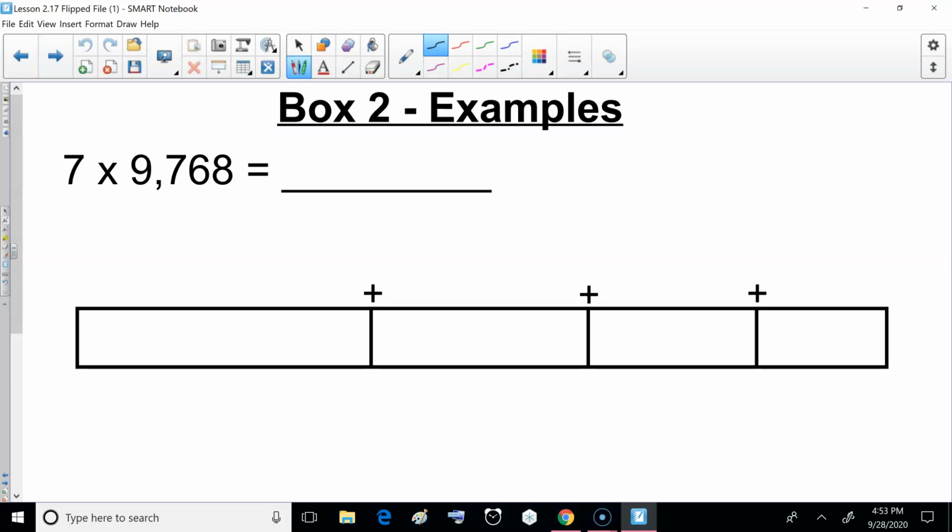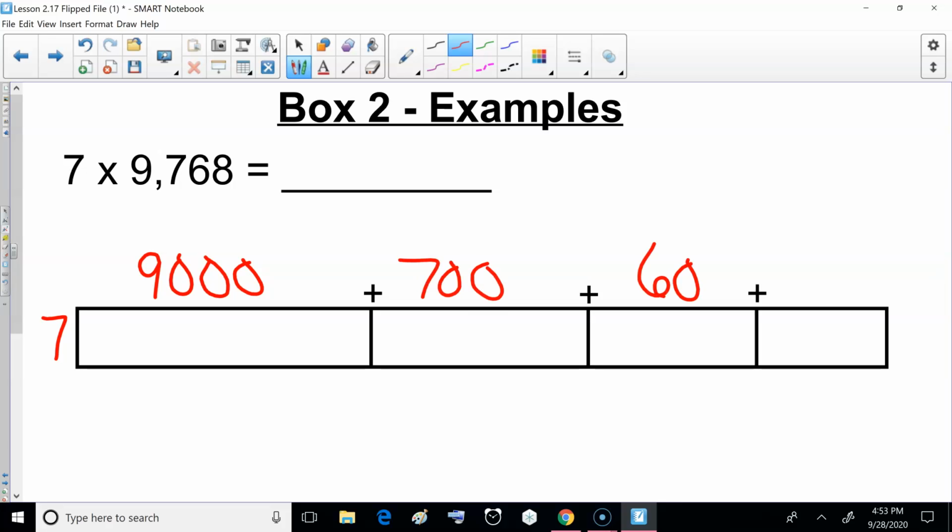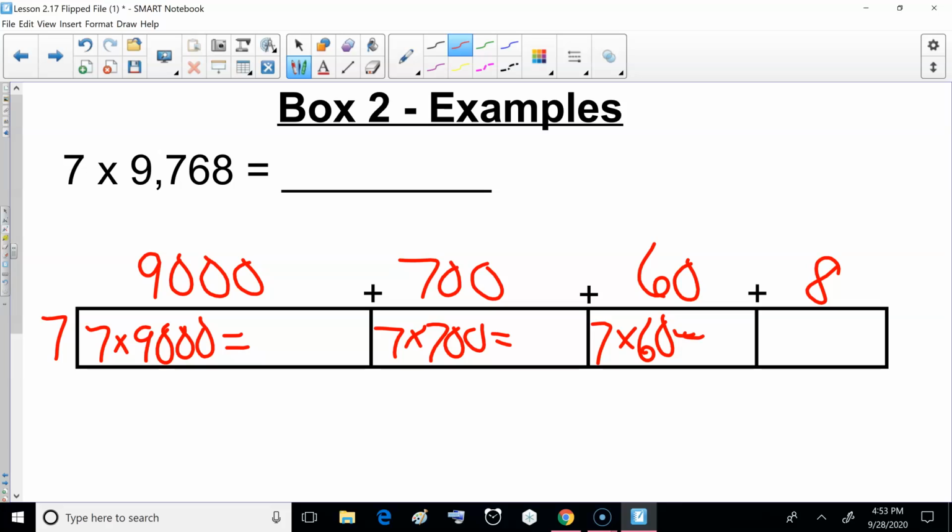7 times 9,768. So you have 7 times 9,000, 7 times 700, 7 times 60, and 7 times 8.